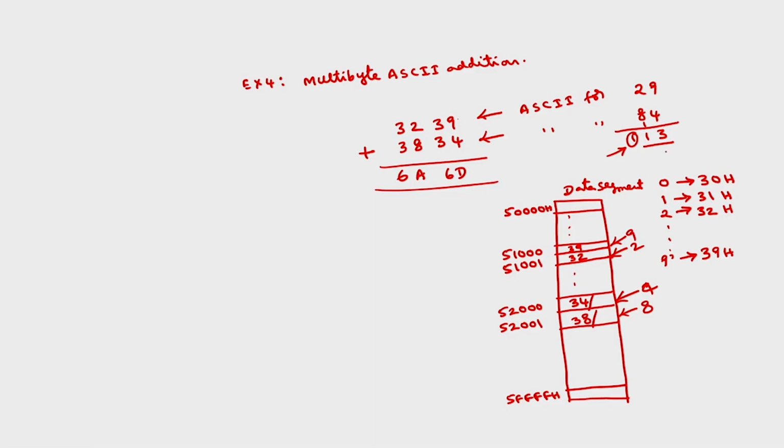So, what is the ASCII corresponding to this result? This is the decimal result, and that was the hexadecimal result.